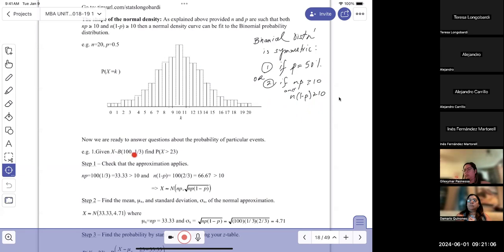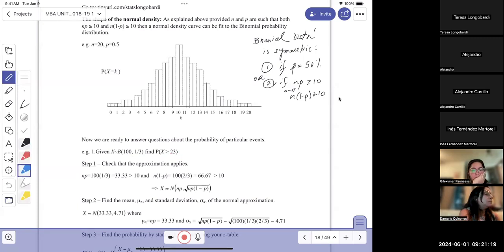Let's say X is 100 draws or 100 trials where the probability of a success is 1/3. Find the probability that X is greater than 23.